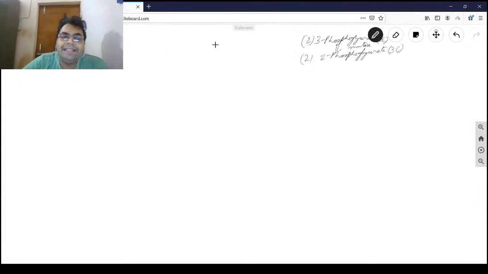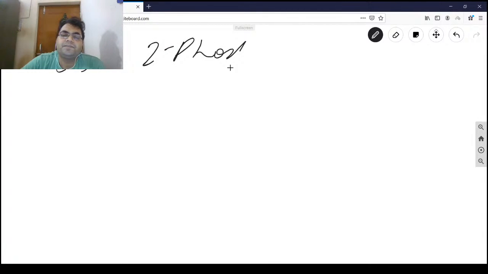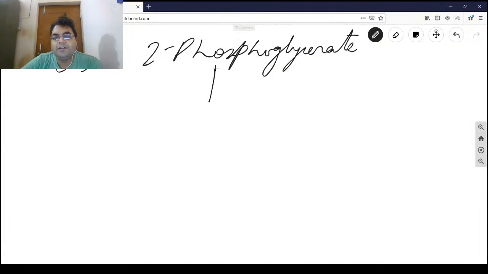Now in the end, 2-phosphoglycerate will undergo a reaction by this specific enzyme known as enolase.